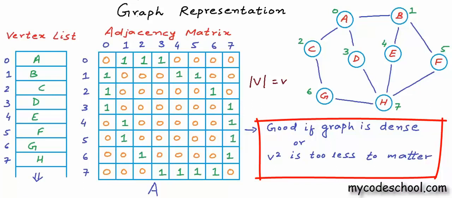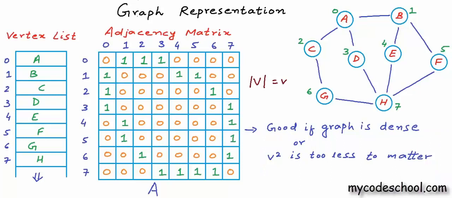Let's think about another example. Let's think about the World Wide Web as a directed graph. If you think of web pages as nodes in a graph and hyperlinks as directed edges, then a web page would not have a link to all other web pages. And once again, the number of web pages would be in the order of millions.